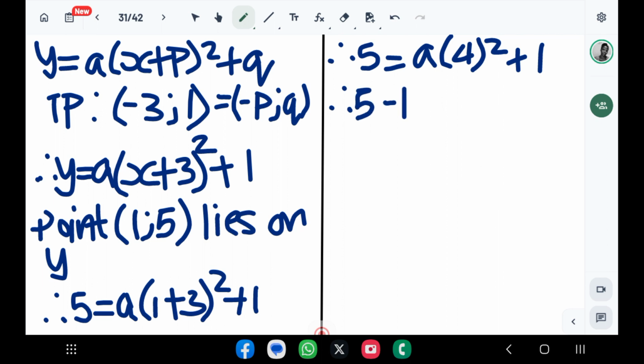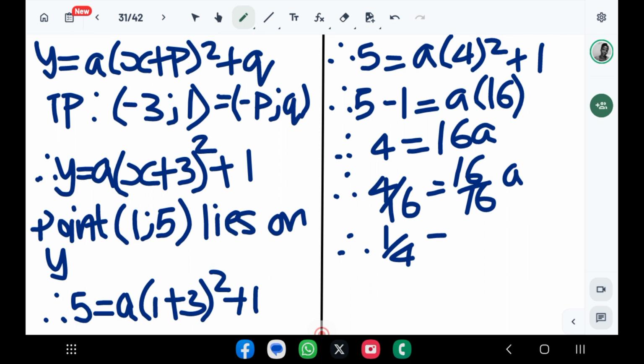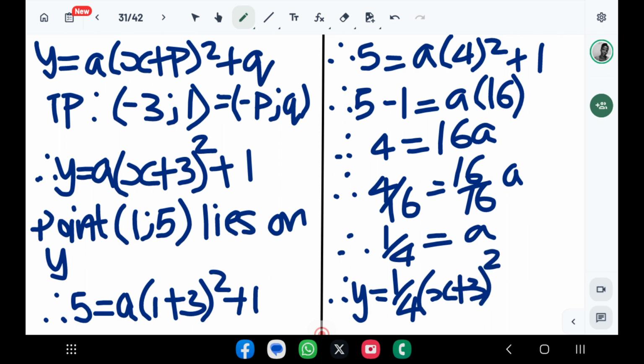That's 5 minus 1 equals a times 16. Therefore, 4 equals 16a. Divide both sides by 16. So 4 over 16 equals 16 over 16a. Therefore, 1 over 4 equals a. Meaning that your final equation is 1 over 4 in bracket x plus 3 all squared plus 1. And that is your final equation from a graph given to you.